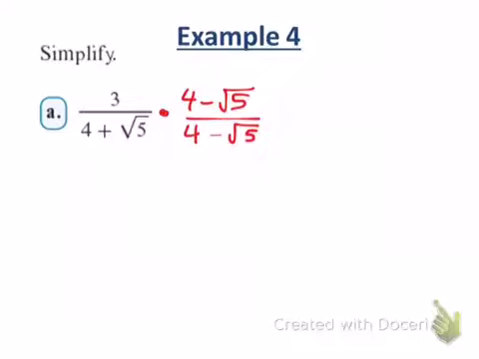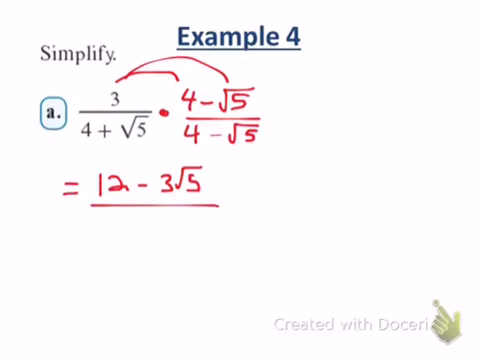Yes, Brent? Why would you 4 plus square root of 5? We'll look at that in just a second. Let's finish this. 3 times 4 is 12. 3 times negative square root of 5 is negative 3 square roots of 5.